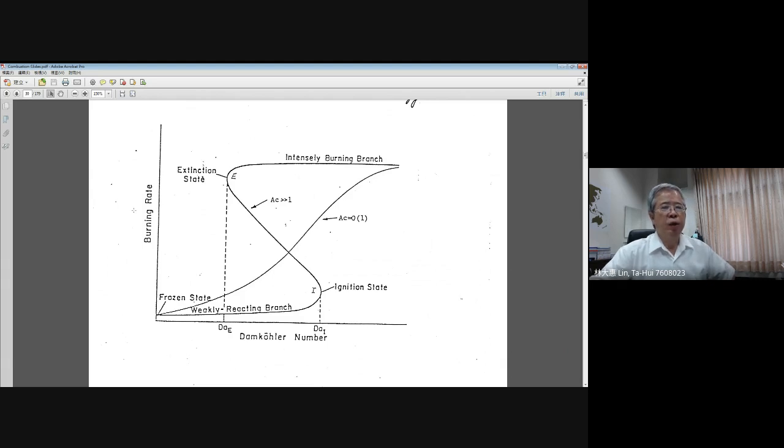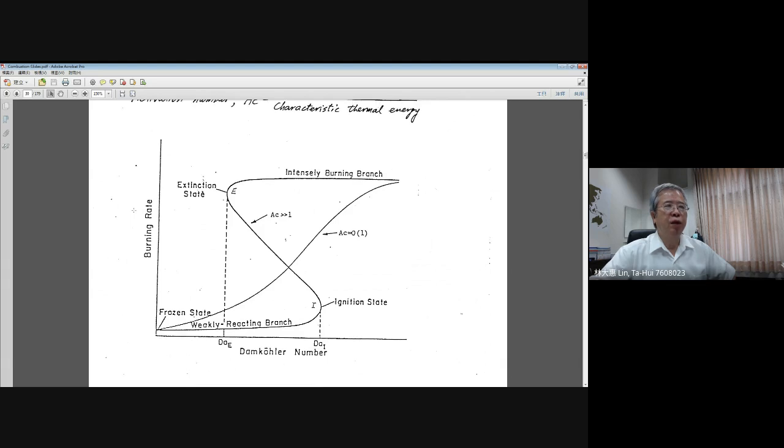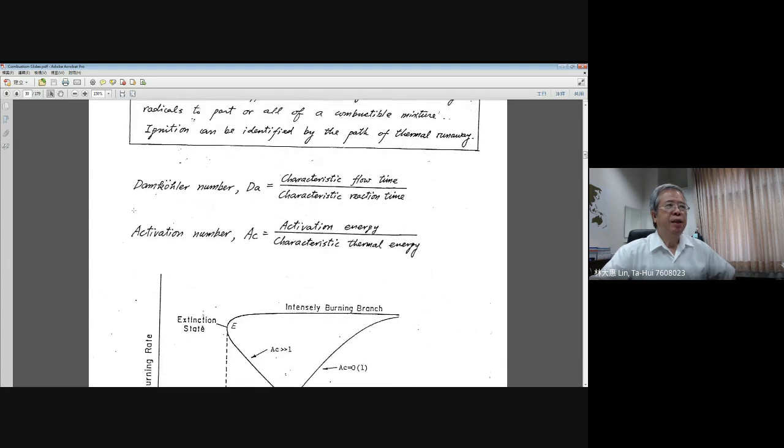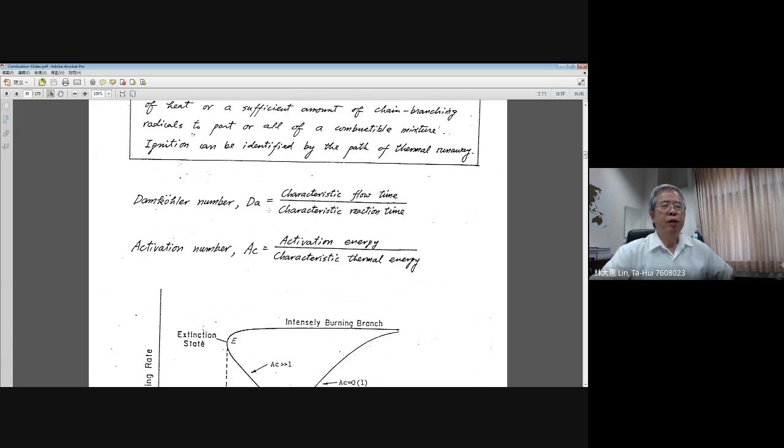Now we try to give you some understanding about the definition of the so-called Damköhler number. Basically, the Damköhler number Da is defined as the ratio between the characteristic flow time and the characteristic reaction time. We bring these two times together because we are thinking about how you can ignite the premixture in a certain control volume.